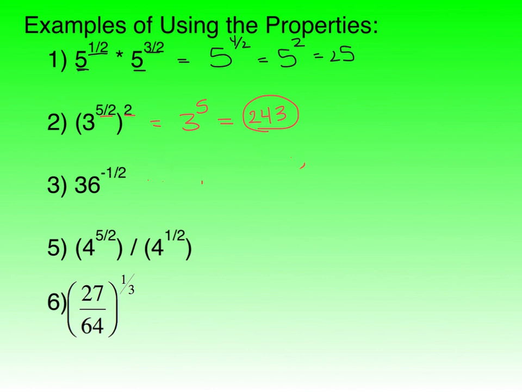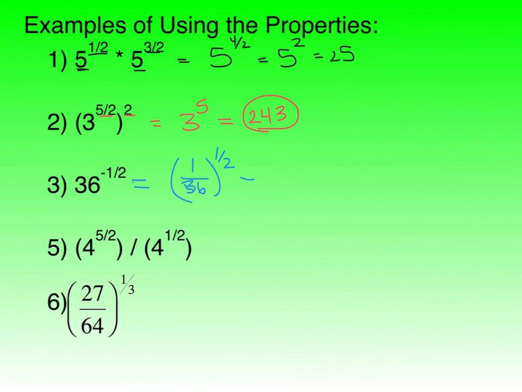Now I'm going to do 36 to the -1/2. And remember, I haven't asked this question in a long time, but how do you make a negative exponent positive? Remember, the answer is you take the reciprocal of the base. So it's going to be 1 over 36 to the +1/2 now.